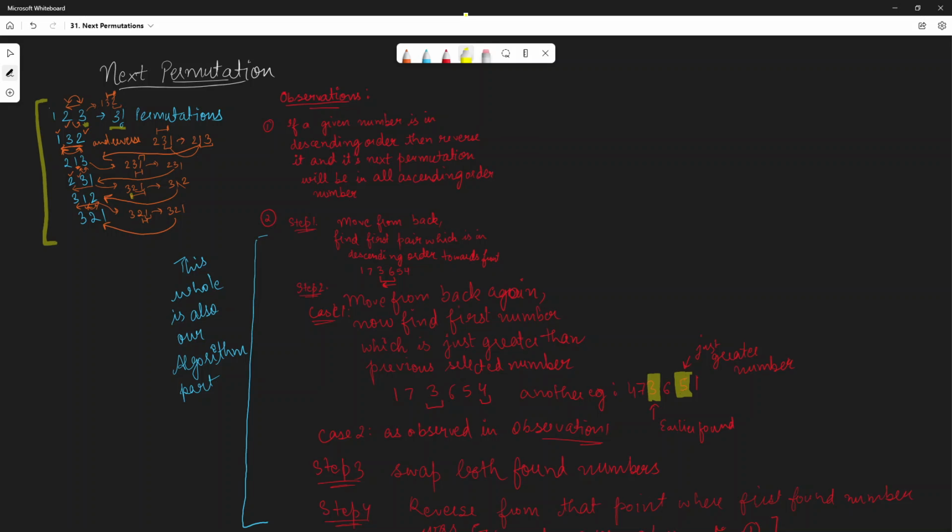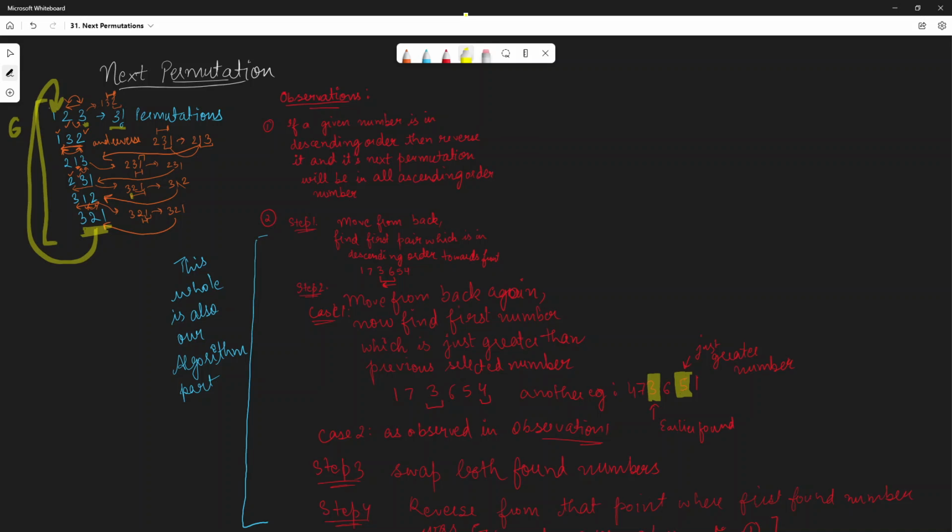While reversing, we find again it is just one element only, so the answer remains as it is, and this is our next permutation. So basically we have covered all these 6 permutations here. After 3, 2, 1 there won't be any new permutation. Basically it will loop back to 1, 2, 3, and then the whole cycle would go on.